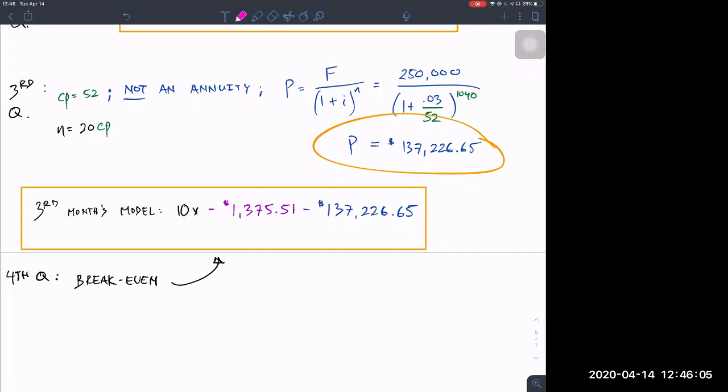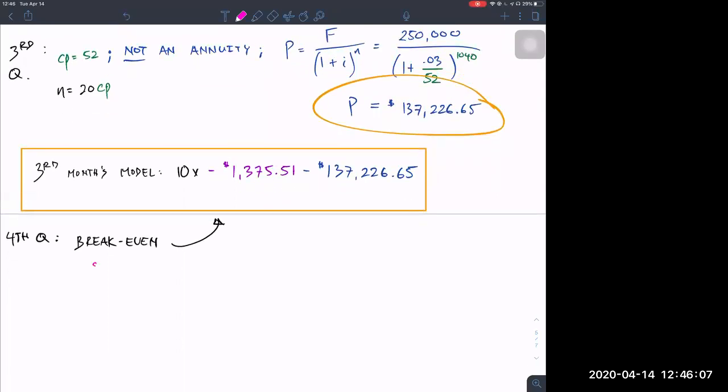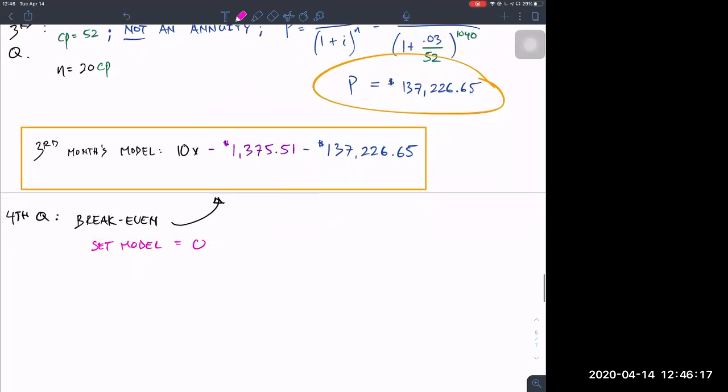So what do we do for break even, right? Remember, we want to set the model equal to 0. So if this entire thing is our model, this implies that 0 equals 10x minus 1,375.51 minus 137,226.65.